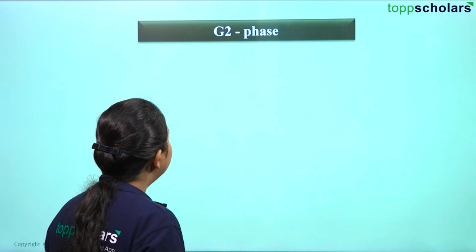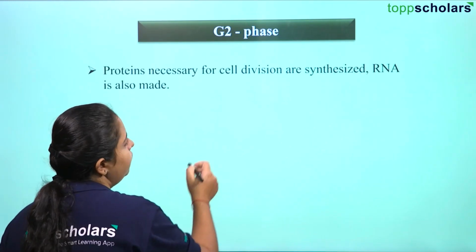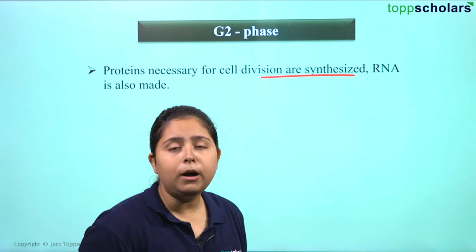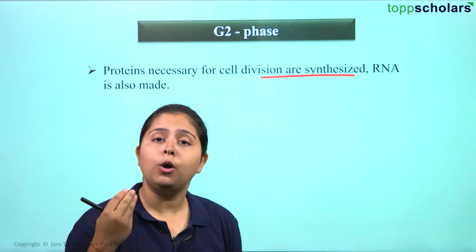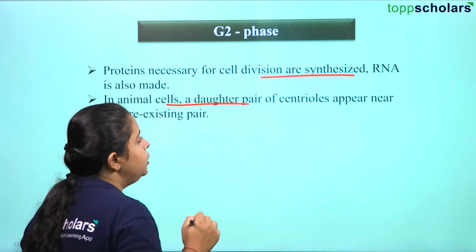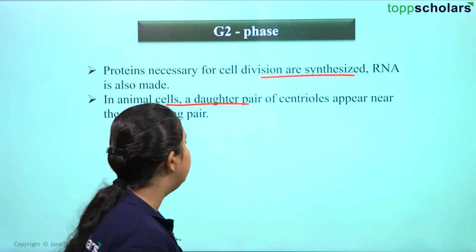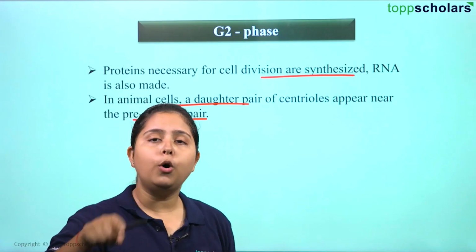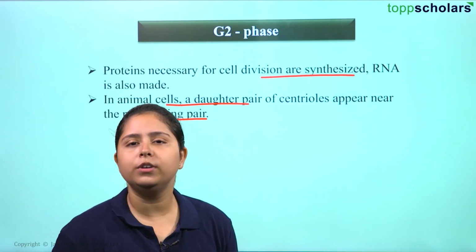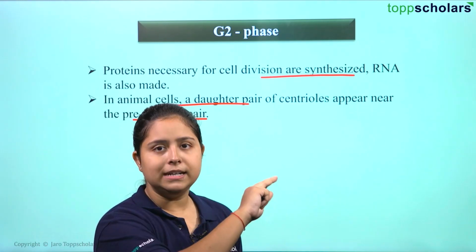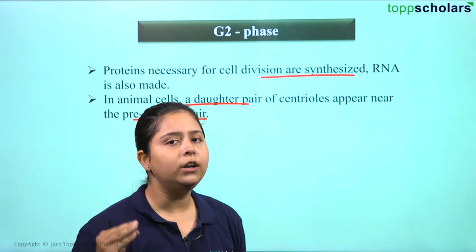Going ahead, proteins necessary for cell division will also be synthesized. Then if more RNA is required, that will also be synthesized. Now in animal cells, a daughter pair of centrioles will appear near the pre-existing pair. Centrioles appear on both the poles of the cells just before the division. Say for example, we have one pair present on one pole and one pair present on another pole.